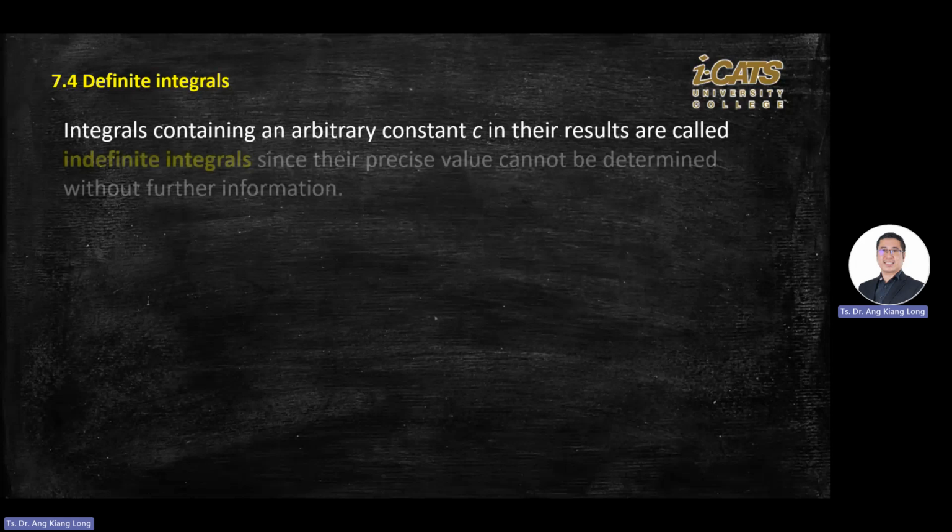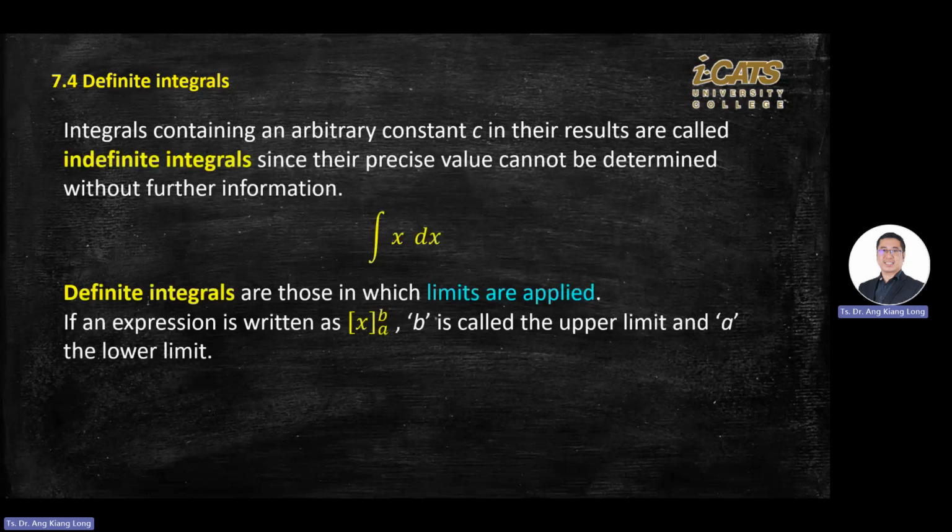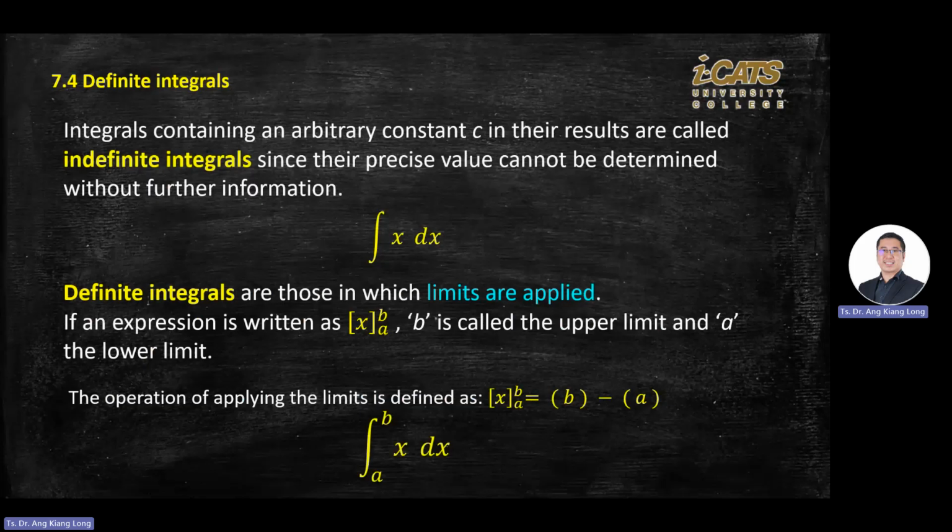So another one, if you have a limit, just now it's called indefinite integral, which is no limit. But if you have a lower limit and upper limit, they are called definite integral. It means you know the upper limit and lower limit.